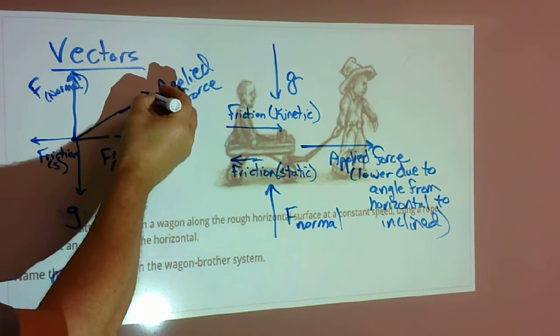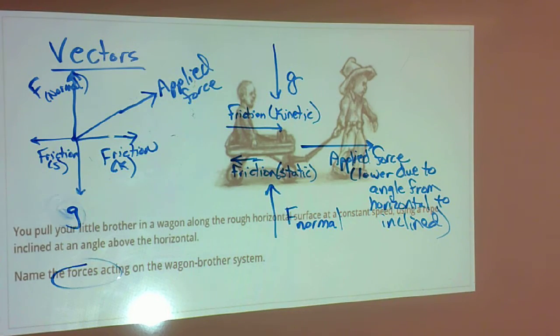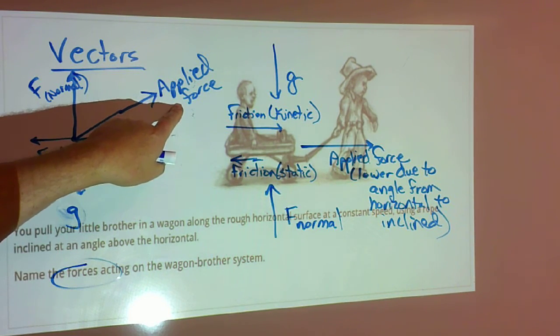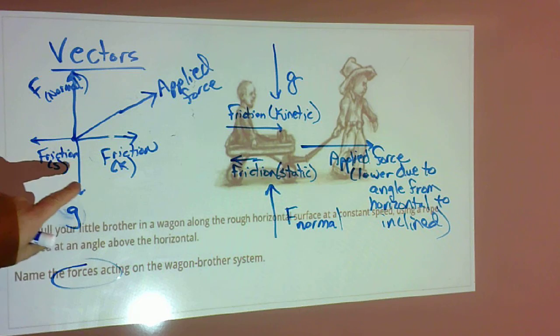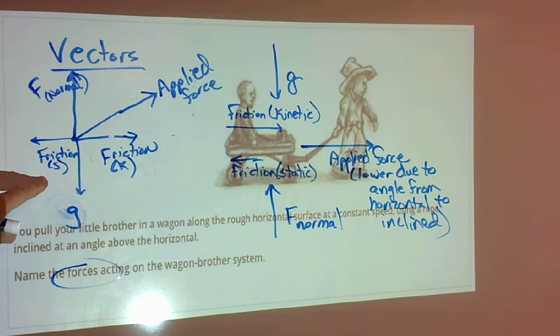When you're doing force vectors, you do have to put them in relation to the magnitude of the force and the friction. So when they're looking at this, they're looking for these two to be the same. They're looking for the applied force to be the larger of all of them. They're looking for the static force to be the least because you are moving.